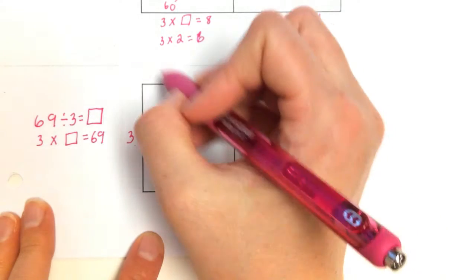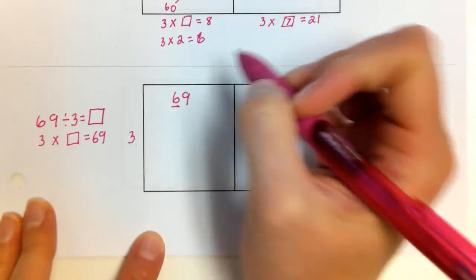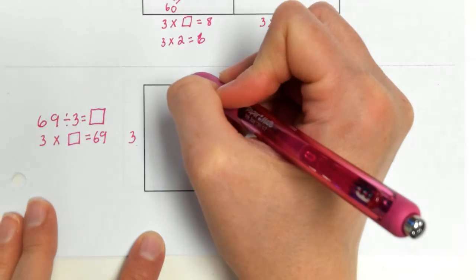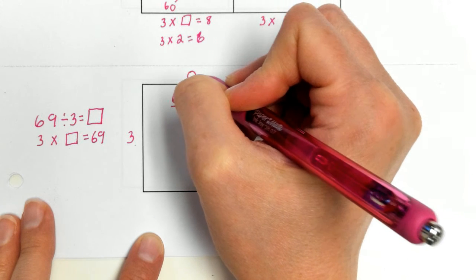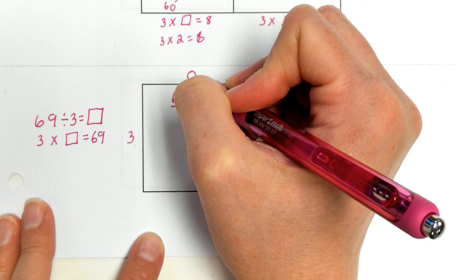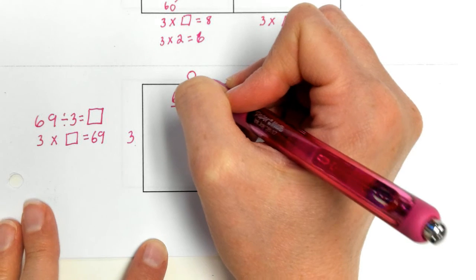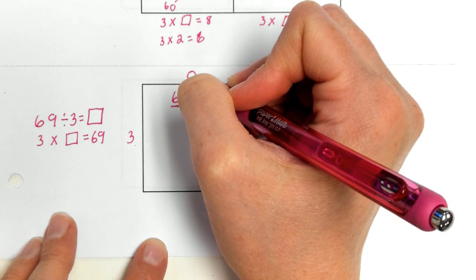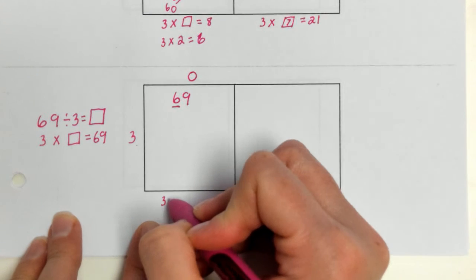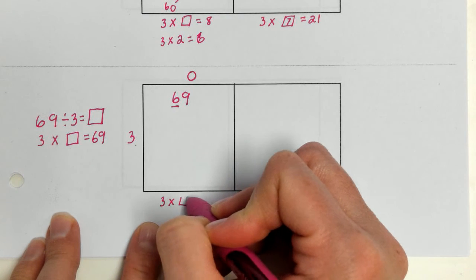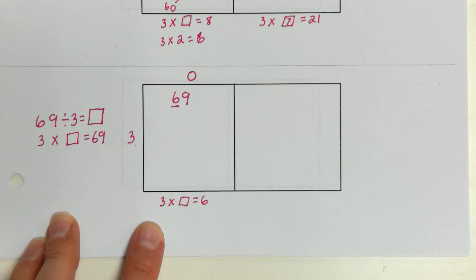All right, and I'm only going to look at the first number. Now, what do I need to put up here? 0. Put your 0 up here because this is the tens place. All right, so I'm going to think 3 times a mystery number equals 6.